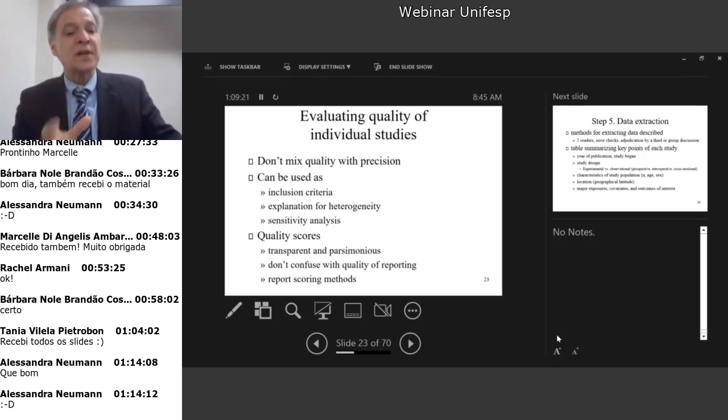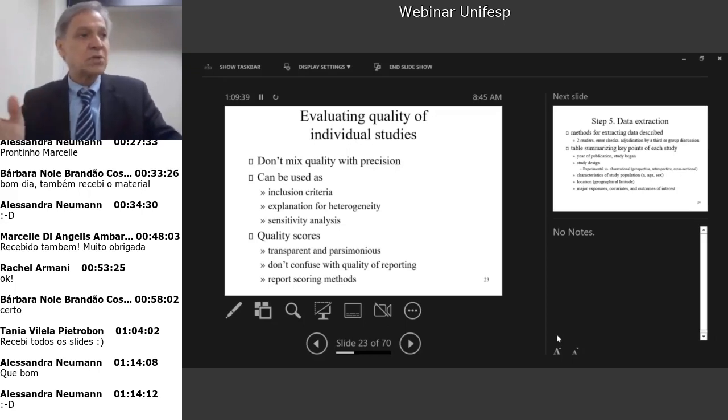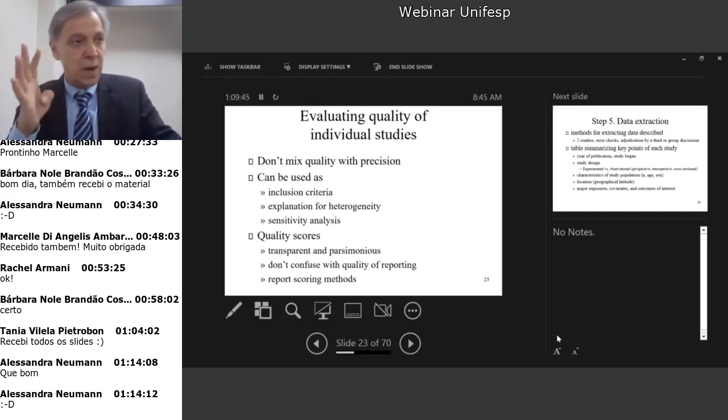But the best way is to create a quality score, especially if you're including a lot of studies which are not exactly the same design. Like I'm doing a review including RCTs, non-randomized trials, and observational cohort designs. Therefore I need a score, and the level of evidence will be one score. It's going to go from 0 to as many. So cross-sectional, correlational cross-sectional counts 0 for that score.